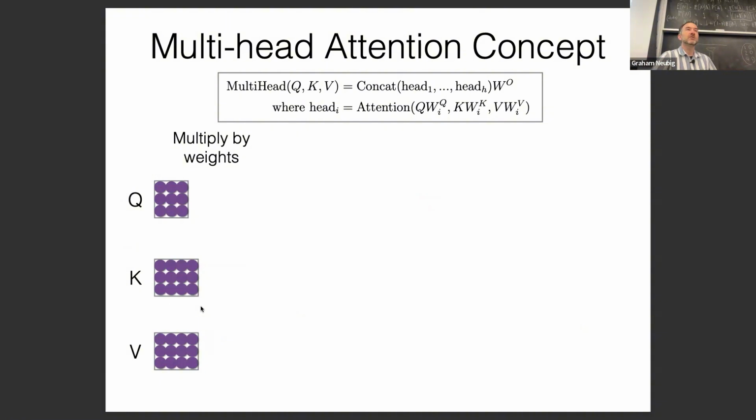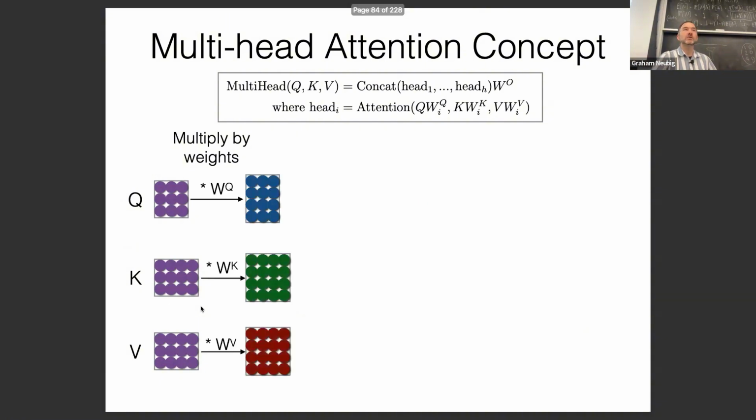So the first thing we do in the transformer is multiply by some weights. And these weights are separate for query vectors, key vectors, and value vectors. And I mentioned before that we have bilinear models where we multiply by weights.